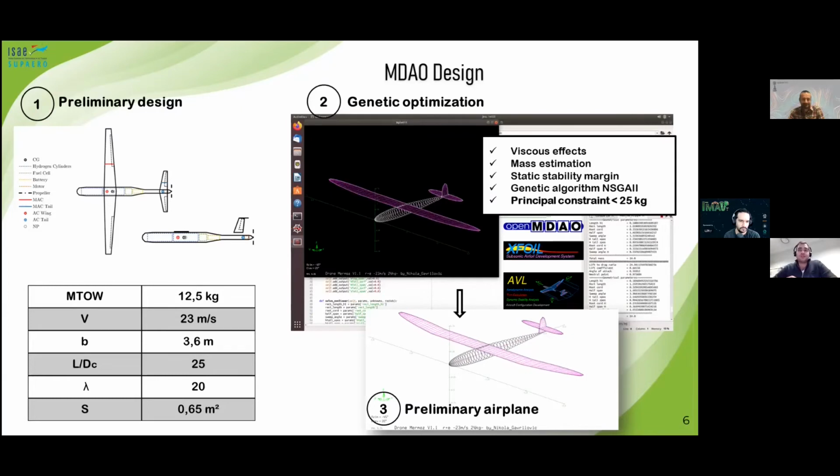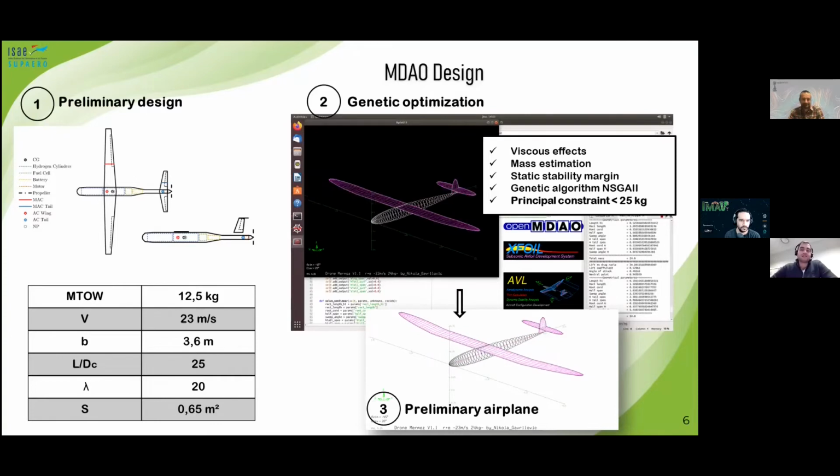All the aerodynamical calculations were done with AVL, which has been modified to take into account the viscous effects. There are some sub-programs within the optimization routine which calculate the mass of each configuration and the static stability margin. All of this has been done with the principal constraint to be less than 25 kilograms and to be able to have a certain aerodynamic efficiency which is necessary to do the journey.